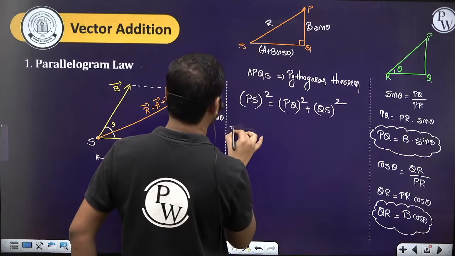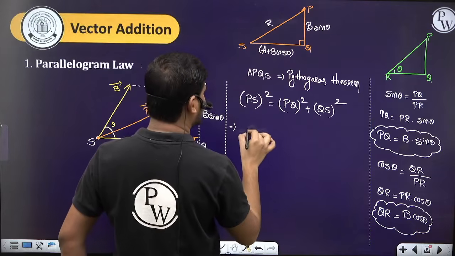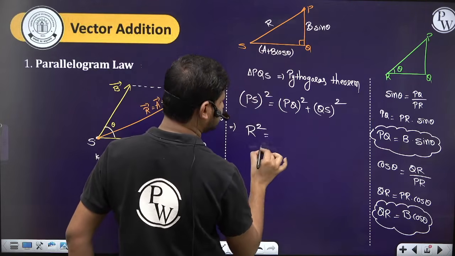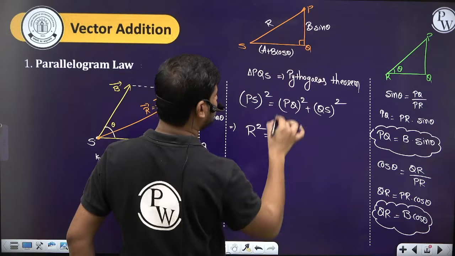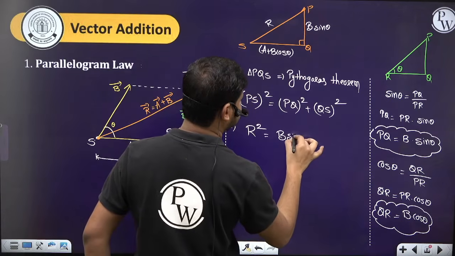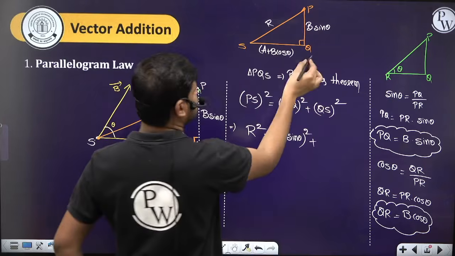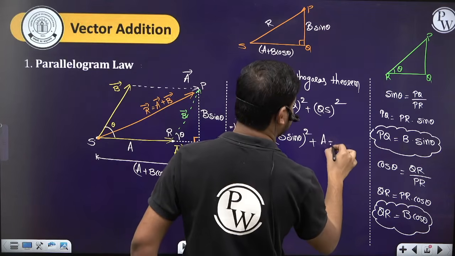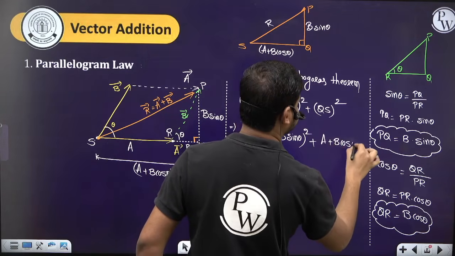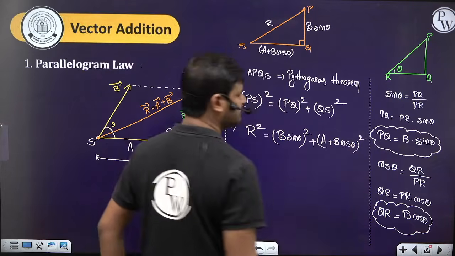Yes or no? So what is PS whole square? R square is equal to, in place of PQ, B sin theta whole square, plus QS, which is A plus B cos theta whole square.